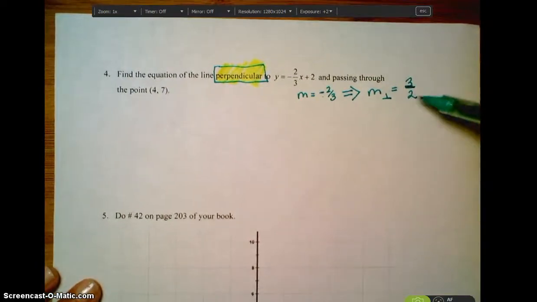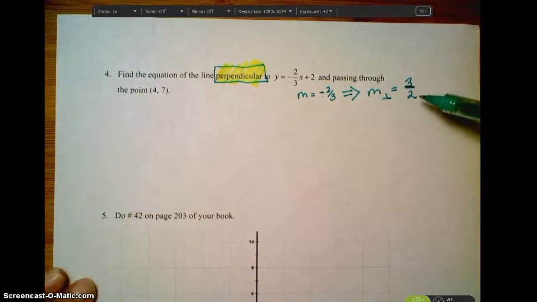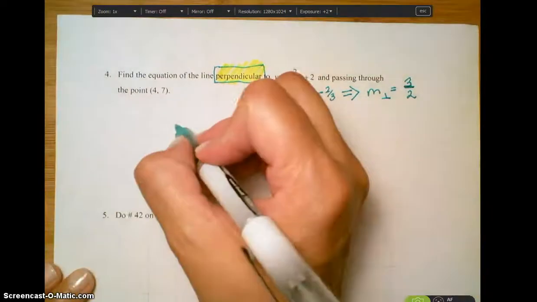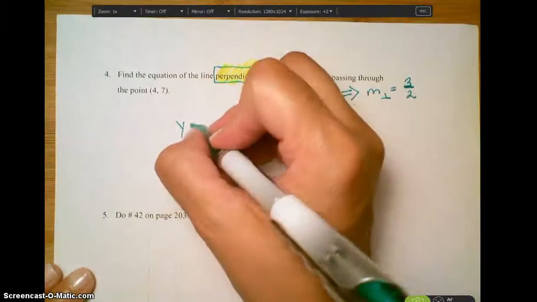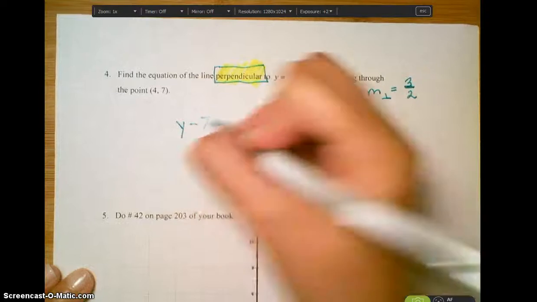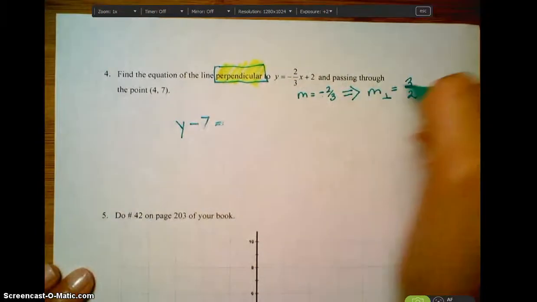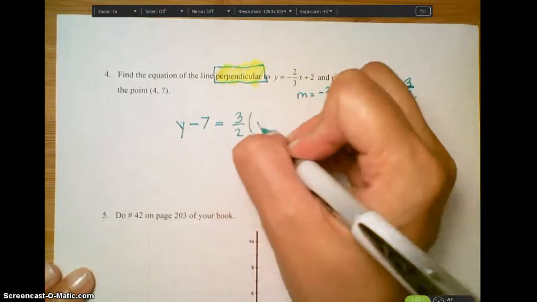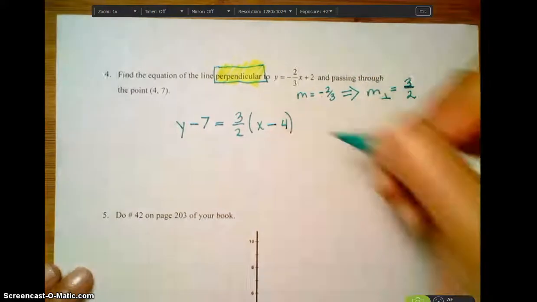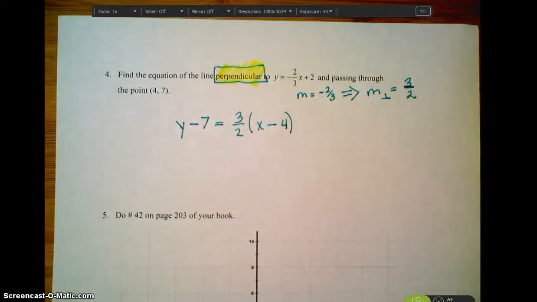That's the only thing we keep or use to write our new line. I'm going to go for point slope again. So that's going to be y minus 7 equals slope times x minus 4. In class, we will talk about how to graph these lines on your calculator and how we can see that they are perpendicular to each other. Okay, we're going to move on to page 4.